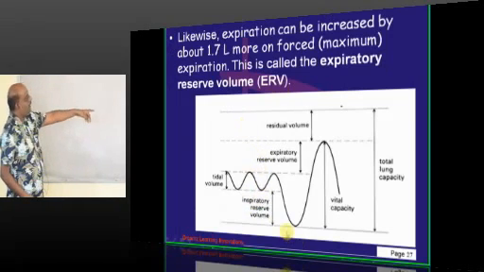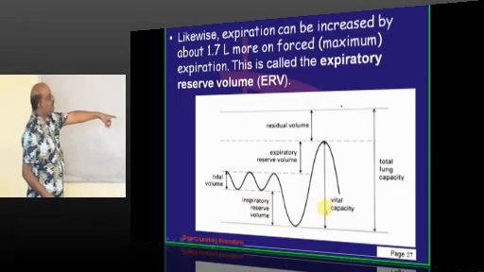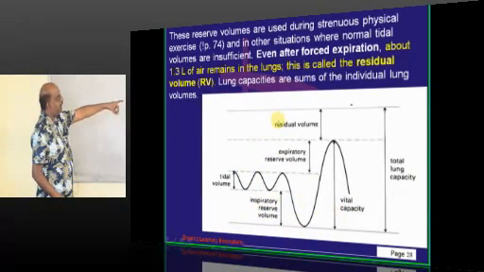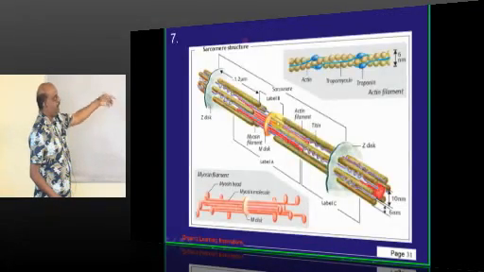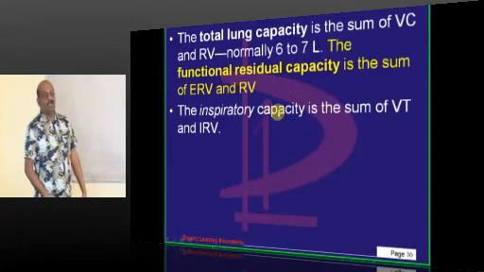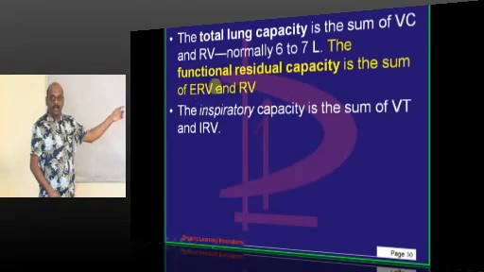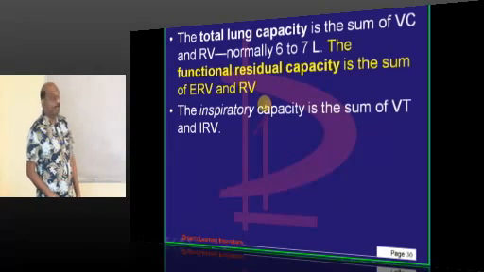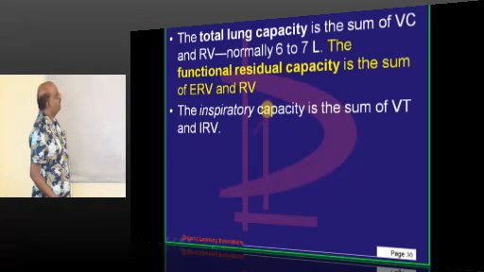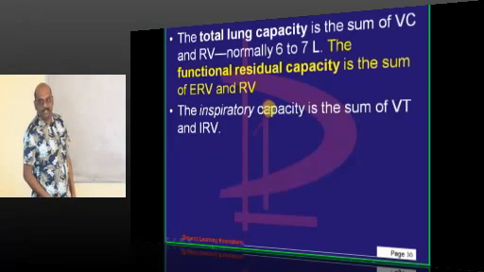So doc, you have the expiratory reserve volume and residual volume and the various things. I leave the literature for you. If you combine ERV and RV, we get FRC.